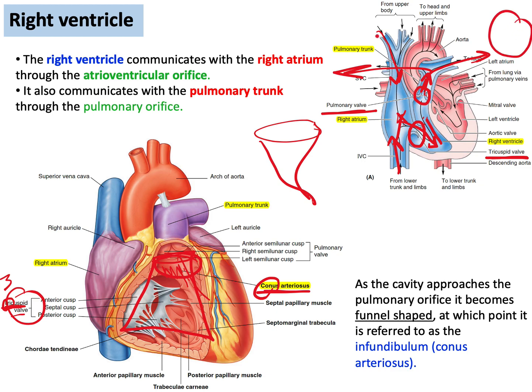Then once it's oxygenated, it returns back through the pulmonary veins to the left side of the heart, to the left atrium, either from here or from here. Okay, this is another story.